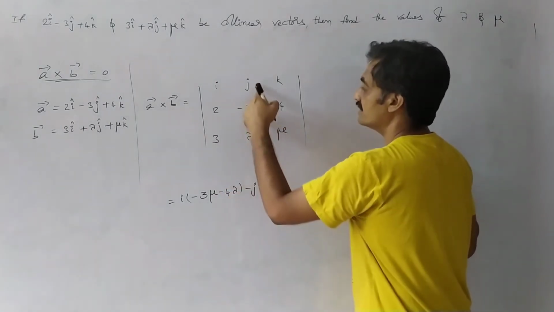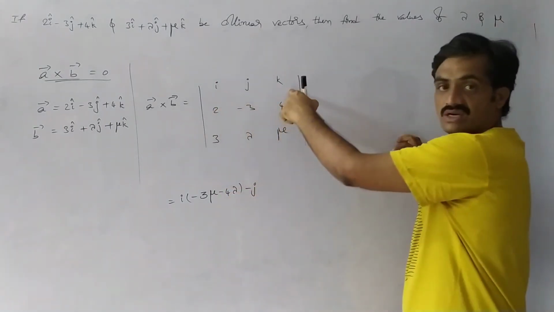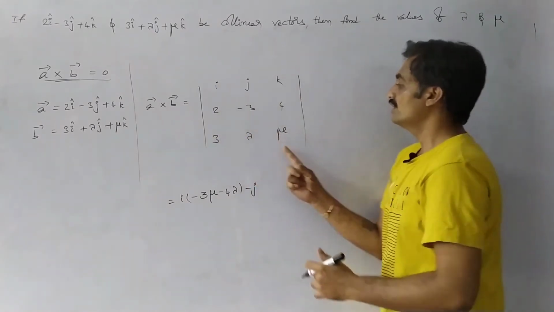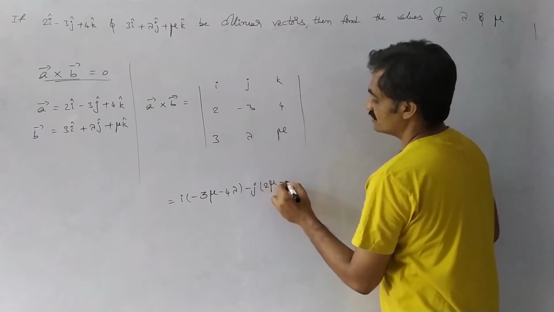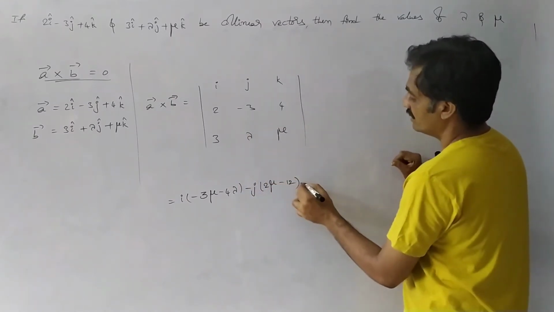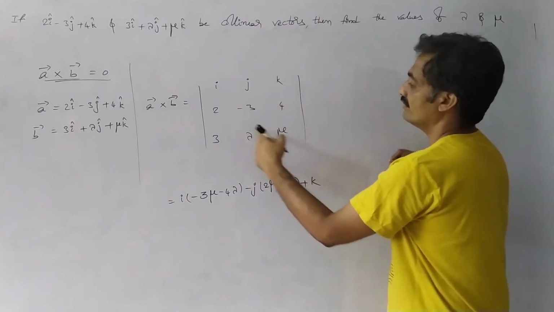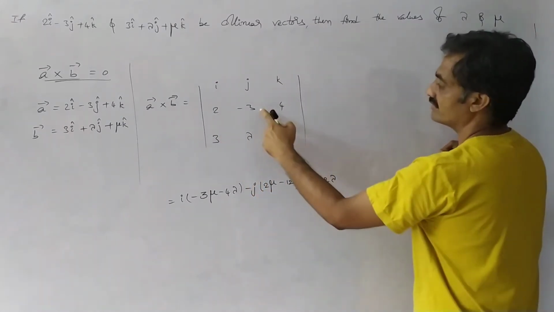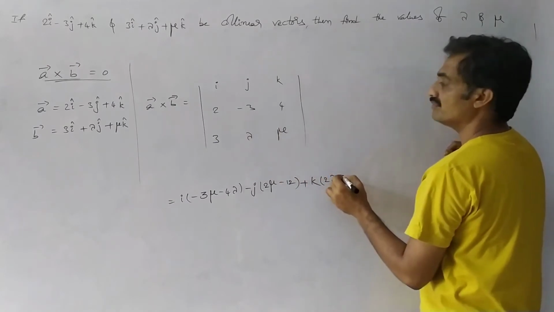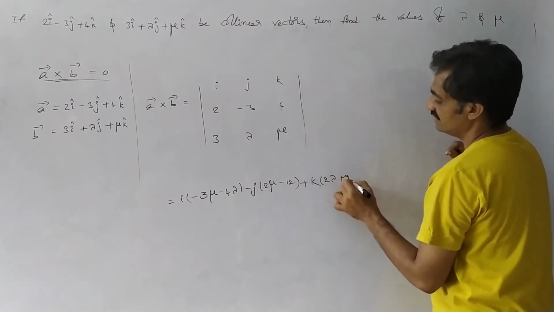Minus j into, this row remains constant and this column remains constant, so here we have 2 mu minus 4 times 3, which is 12. Next for k, we have 2 into lambda minus 3 into minus 3, which is minus 9, so minus of minus gives plus 9.